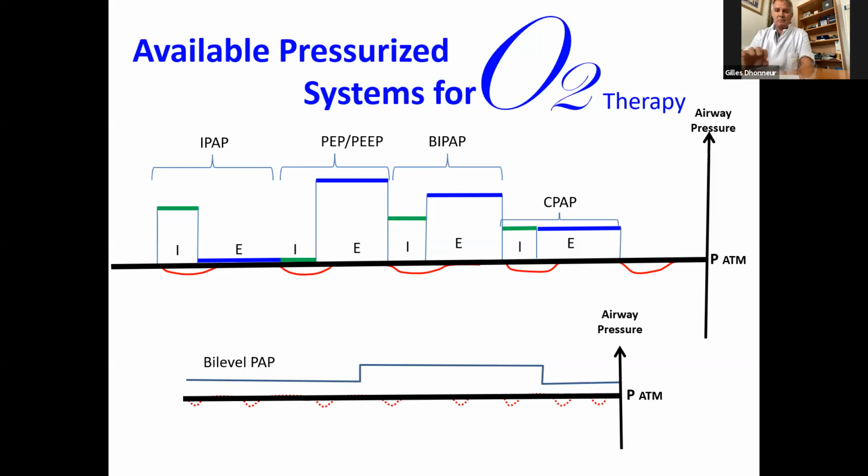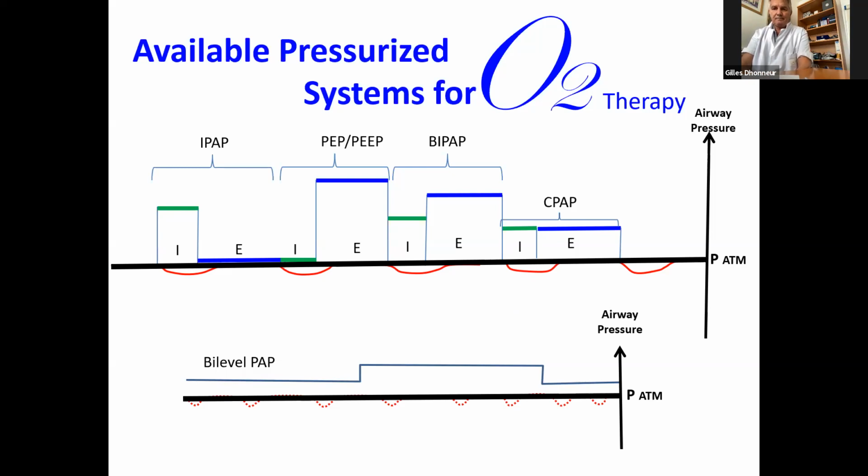And finally, we have some particular interest in B-level PAP, which means that for four respiratory cycles, there will be a continuous pressure. Then this pressure will be increased for the next four respiratory cycles, and then decrease to the initial B-level PAP. These are the ways we can pressurize oxygen, and patients need oxygen and pressurizing of the airway.